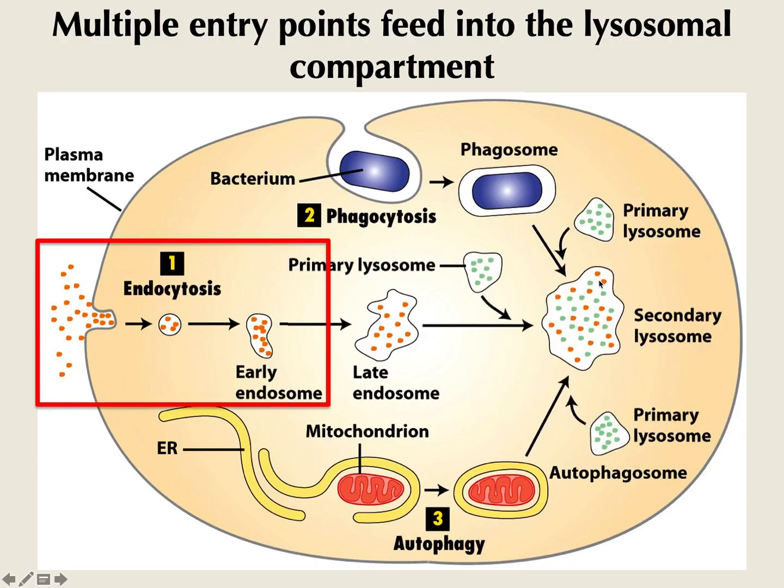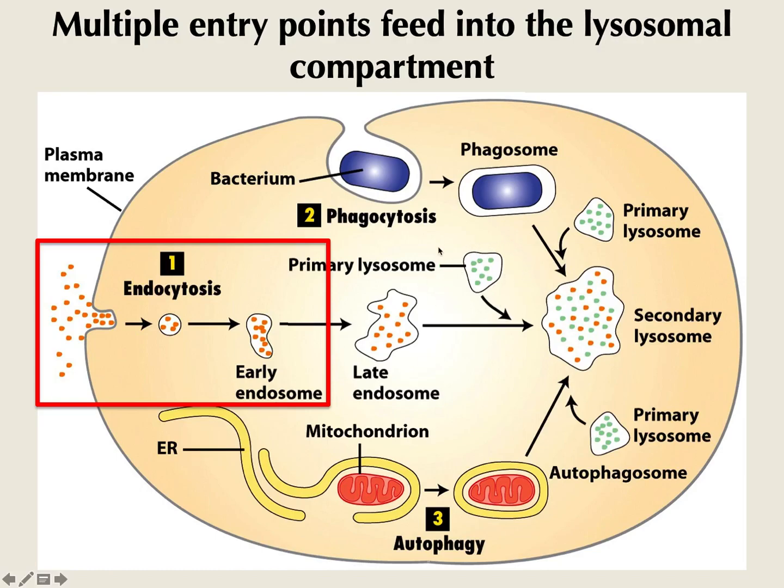What I want to emphasize here, since you were asking me about the late endosome: strictly speaking, an endosome comes from what's been endocytosed. It's just before it fuses with these vesicles that have active lysosomal enzymes.